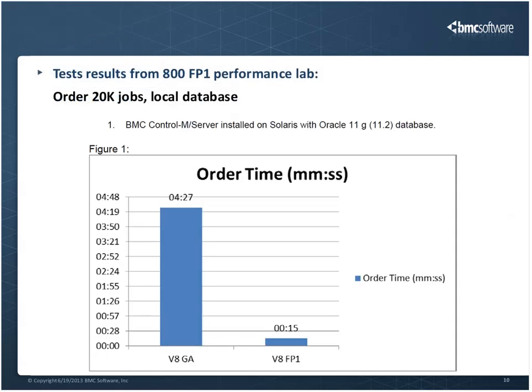In our labs, I have taken one of the scenarios that we had, which was a control-M server on Solaris with Oracle 11G with 20,000 jobs to be ordered, and a New Day of approximately 4.5 minutes was turned into a New Day of exactly 15 seconds with the pre-ordering. So we cut a drastic amount of time out of the ordering portion of the New Day.